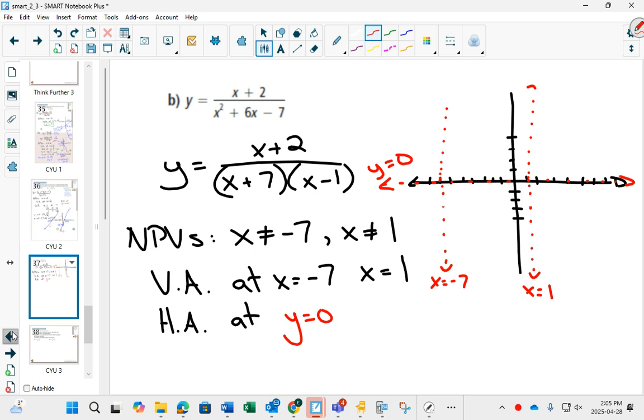With 2 vertical asymptotes, you have 1, 2, 3 sections in your graph. Let's find all of our x-intercepts and our y-intercepts. Okay?